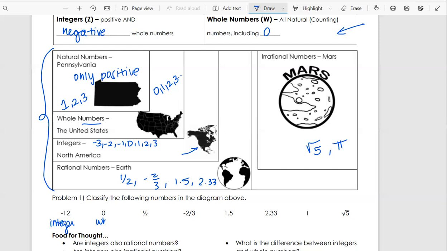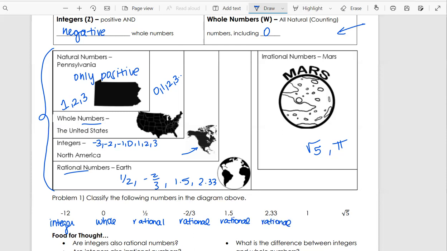It's a whole number. A half, once we start to get into fractions, that's when we're in the rational number category. -2/3, again, we have a fraction, that's a rational number. 1.5, a decimal, we've got a rational number. 2.33, we've got a rational number.